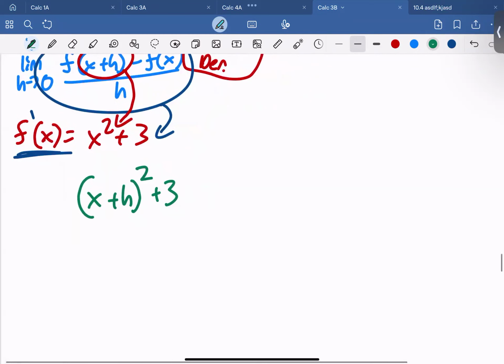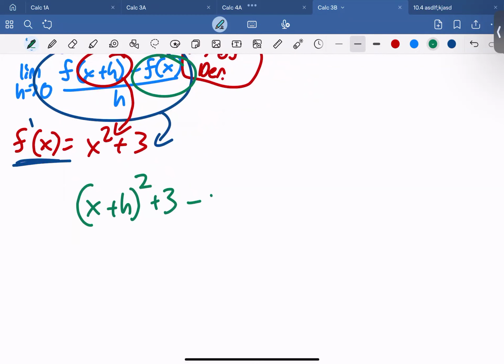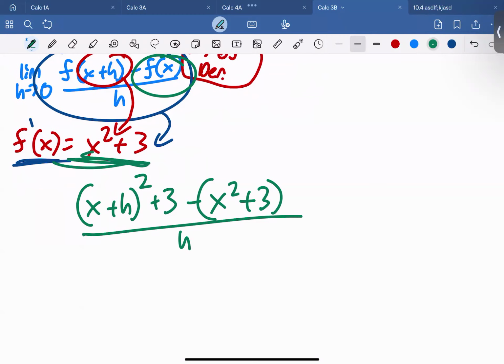And then I need to minus what? f of x, right? That would just be minus x squared plus 3. And then divide by h. So we take the skeleton of the definition of the derivative and apply our function.